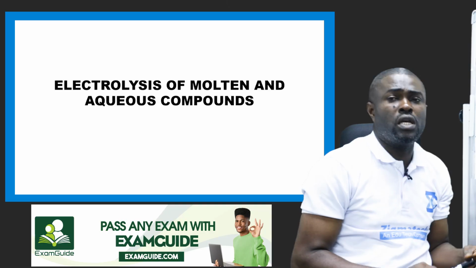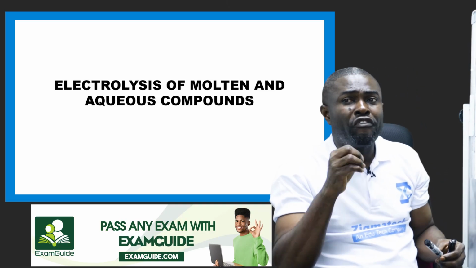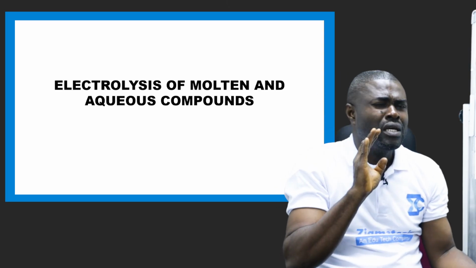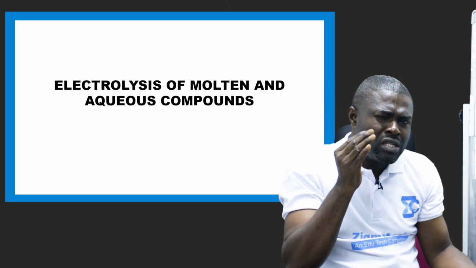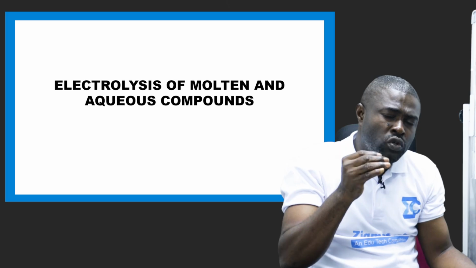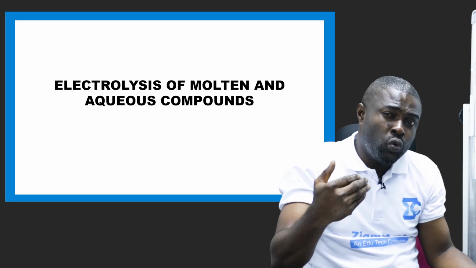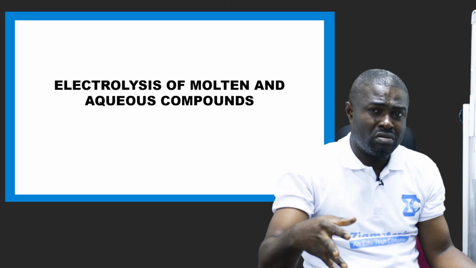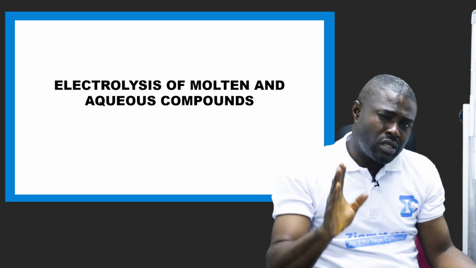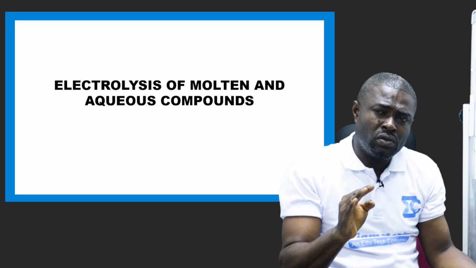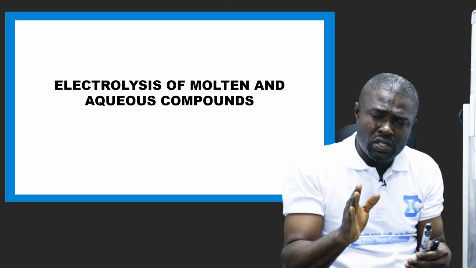So what happens using molten form of electrolyte? Please pay attention because after molten, when we shall be discussing aqueous form, you discover that we'll be having addition of ions which will not be in competition. So it is very clear that there is a kind of distinction between the two.